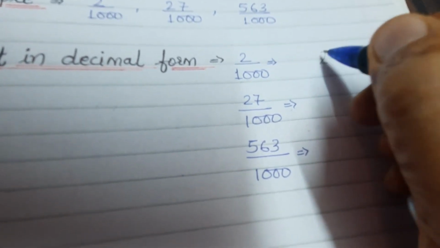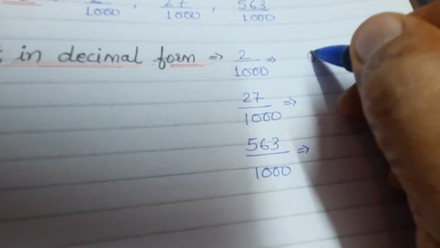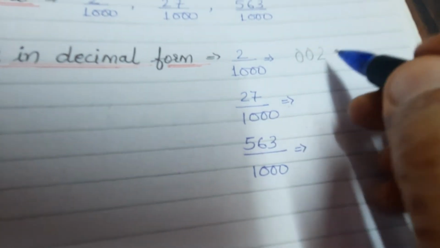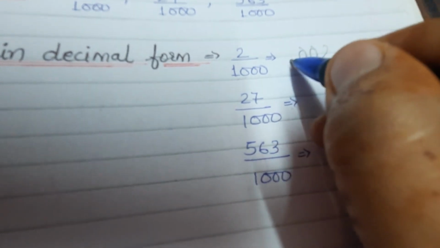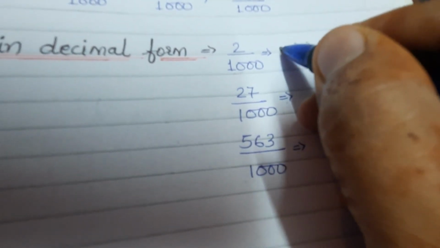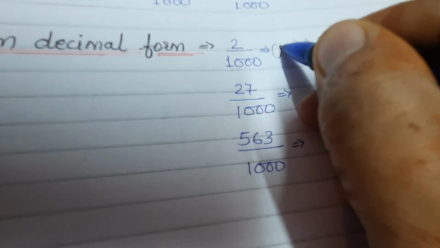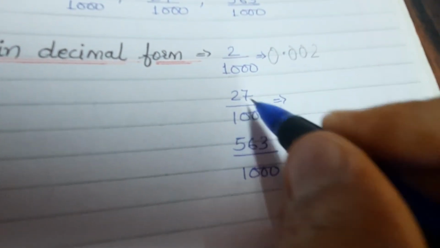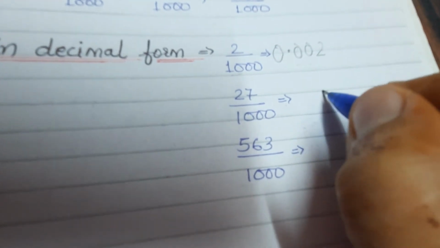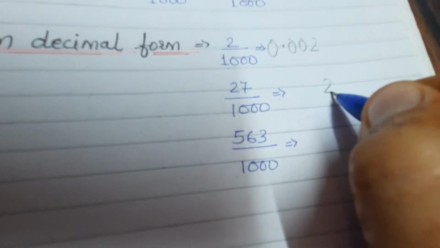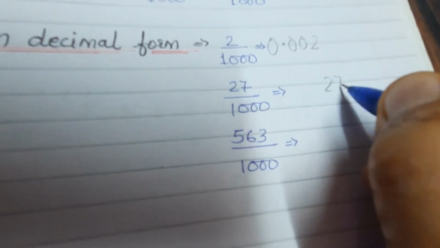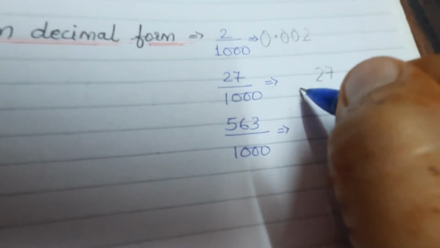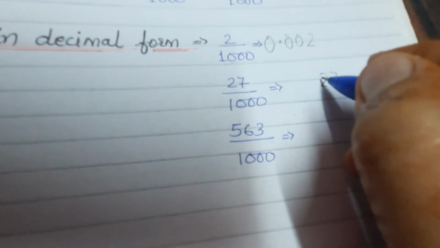So what will we do? We will write here 0 and one more 0. Now 3 digits. Now we will put the decimal here, and then to cover this, 0. Now in the numerator there is 27, so we will write 27. Now in 27 there are 2 digits only, and we need 3 digits after the decimal.